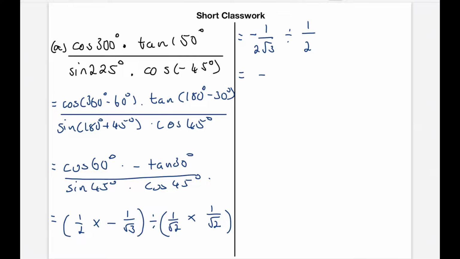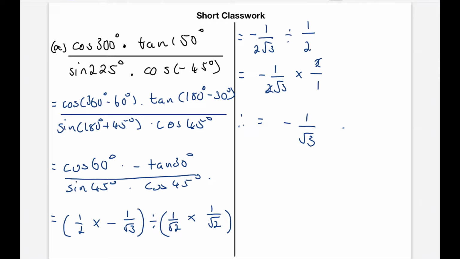And this becomes negative 1 over 2 root 3 times 2 over 1. This 2 can cancel that 2. So what I'm therefore left with here is negative 1 over root 3. Great, I hope you got that right. If you struggle with any algebra, multiplying of fractions, especially when it has variables and everything, I suggest that you watch our videos on algebra.